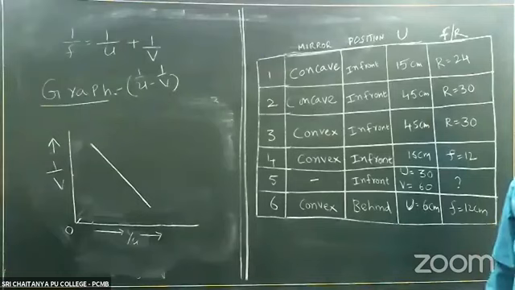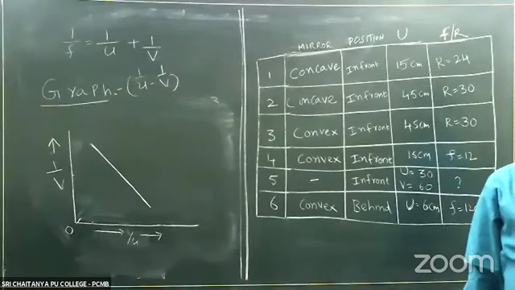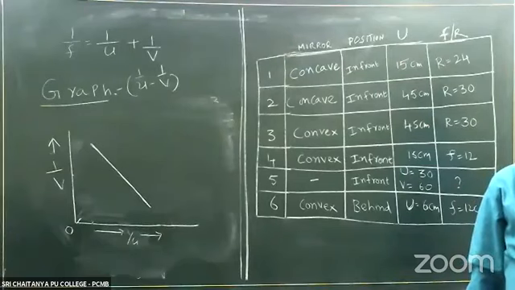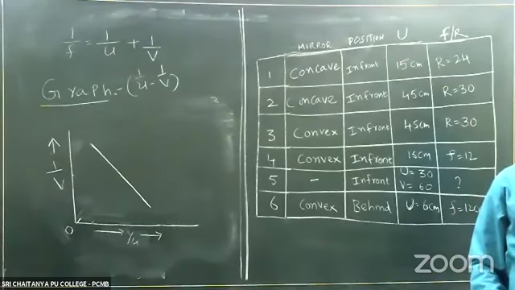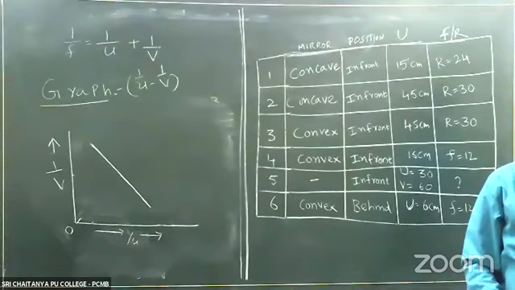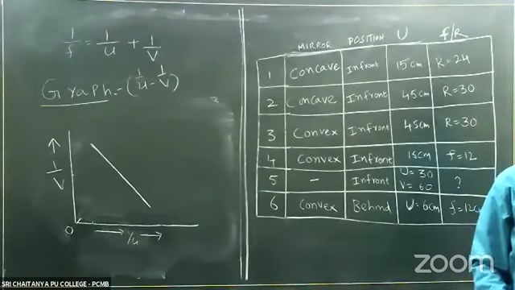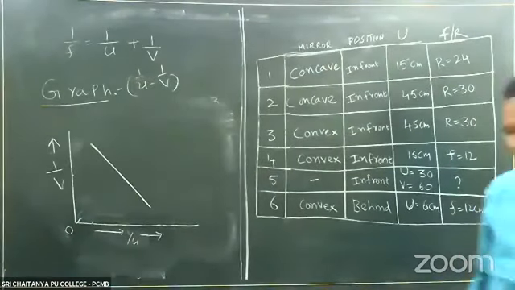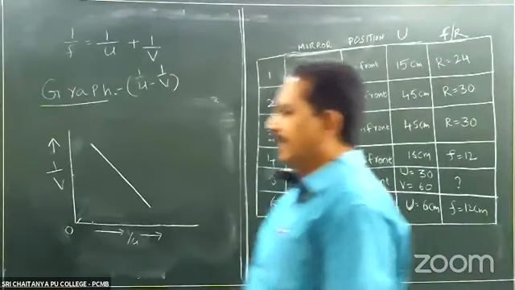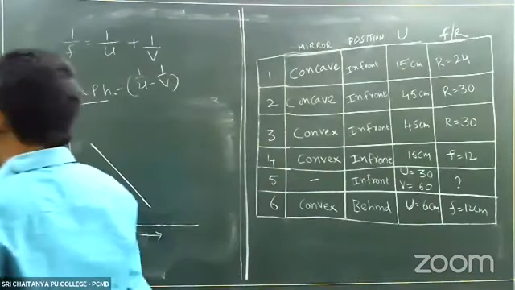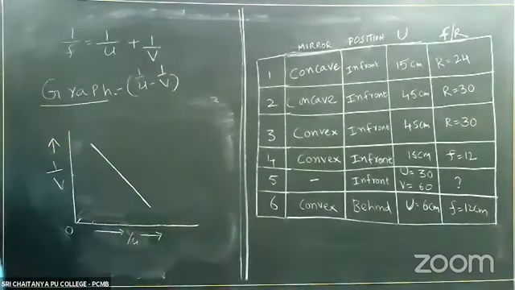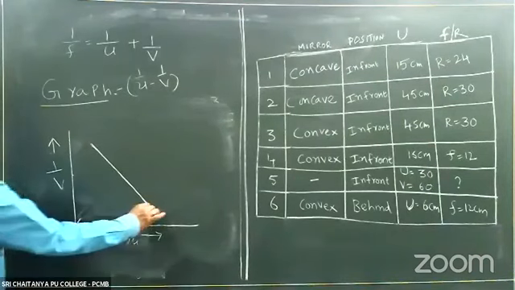It is a straight line, no doubt, but the slope of the straight line is negative. Negative means the angle made by the obtained line with the x-axis is obtuse, greater than 90, less than 180. We have to calculate the focal length by using this graph. Extend this graph.